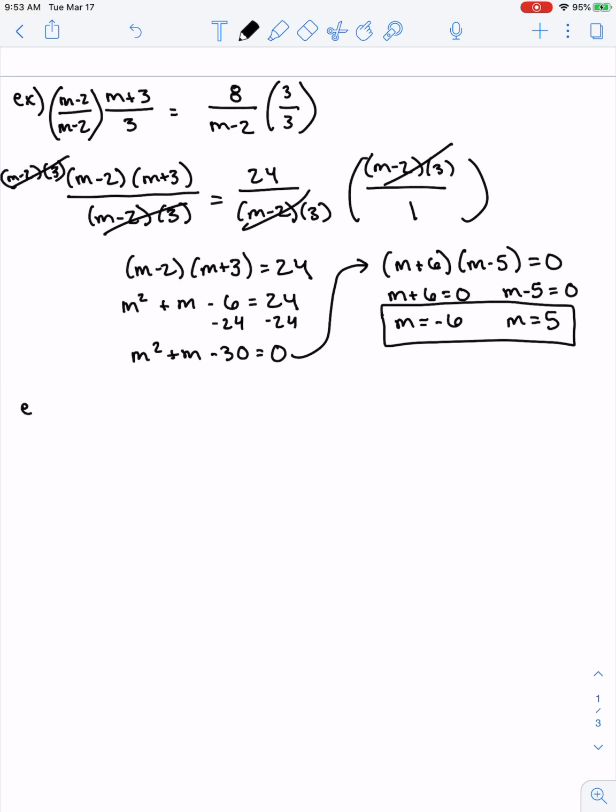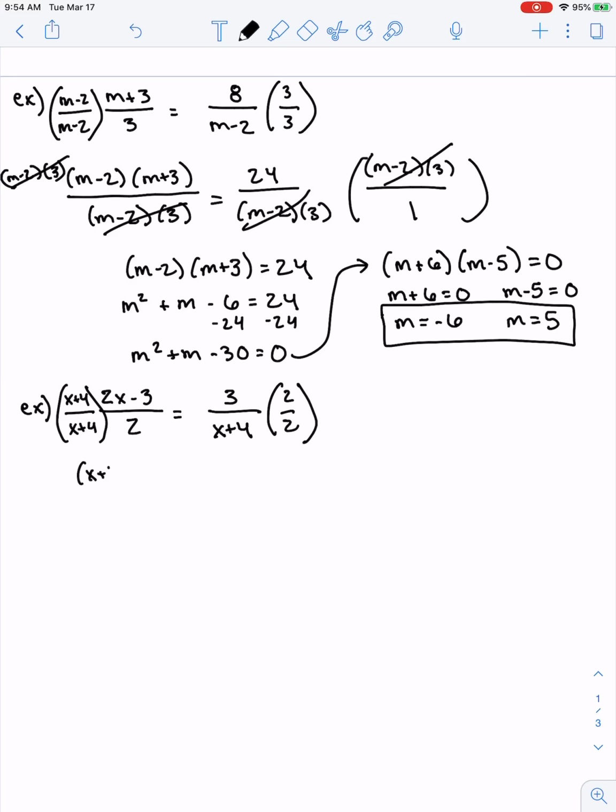Let's do another example. If we have (2x minus 3) over 2 equal to 3 over (x plus 4), multiply this side by 2 over 2, and I'll multiply this side by (x plus 4) over (x plus 4).